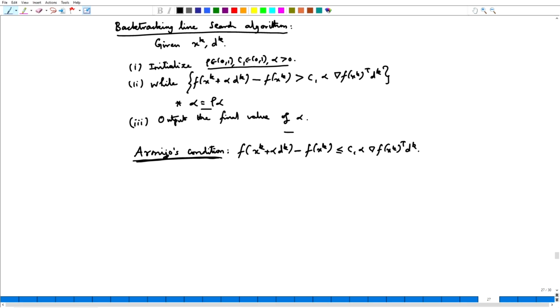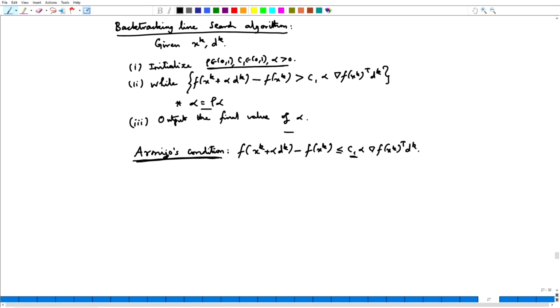How do we choose one? We first initialize a value of alpha and a value of rho, and a value of C1 as well, which already figures in Armijo's condition. Until Armijo's condition is satisfied, we keep reducing the value of alpha by a factor of rho.